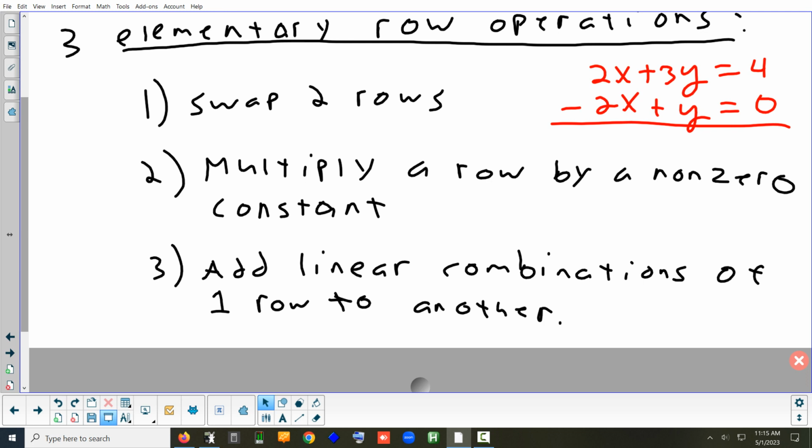So then, when you add the two rows together, something cancels out. We're going to do a lot of that. We're going to try to make it so we add two rows together and we get a 0, so something would cancel out. Okay, and then you continue from there solving it. So you're allowed to add one row to another. Those are the only three things you can do.